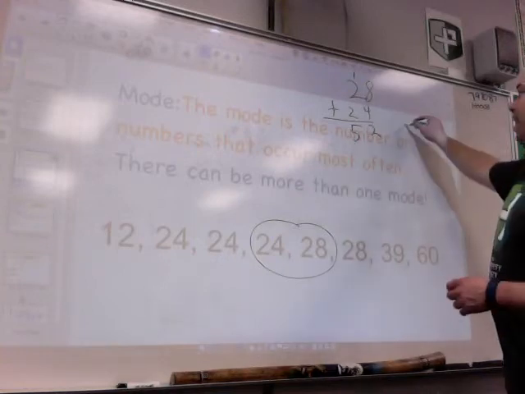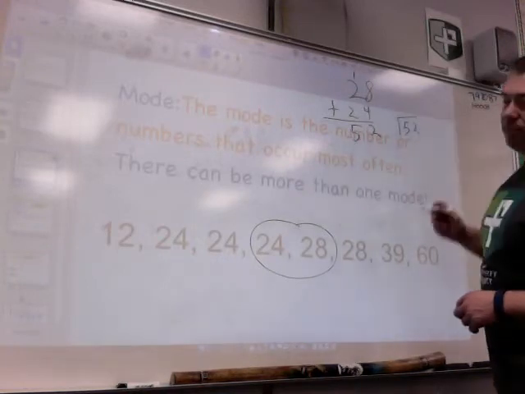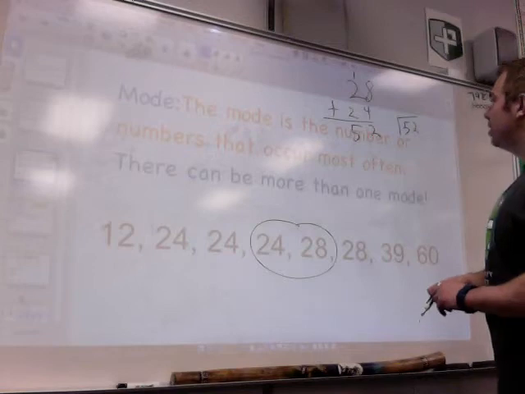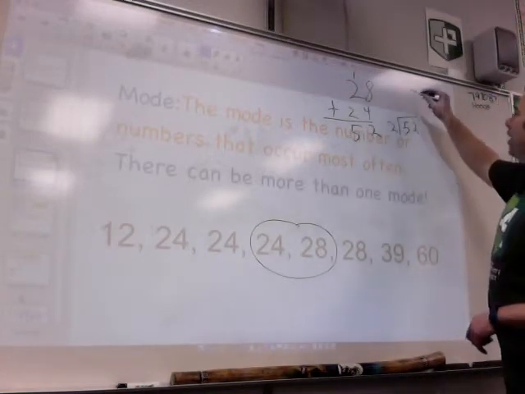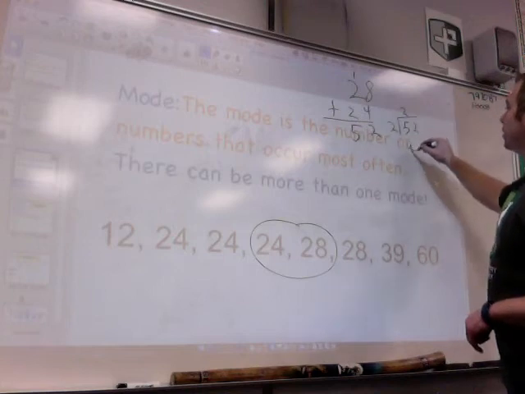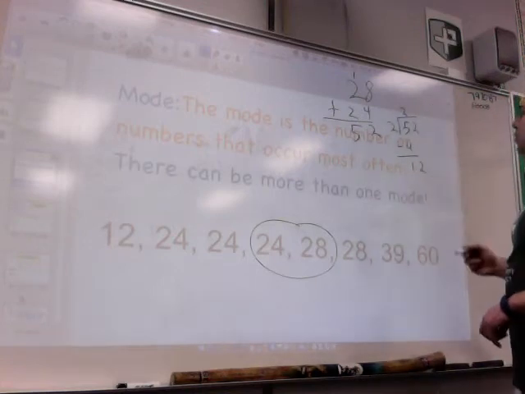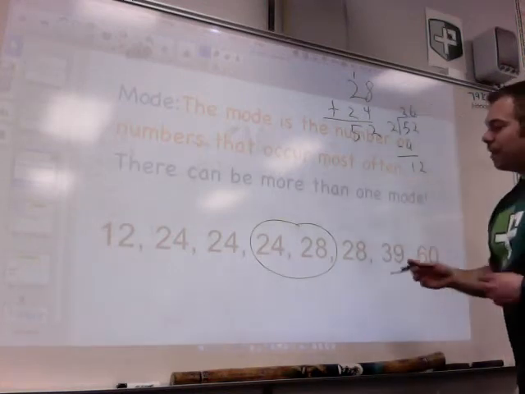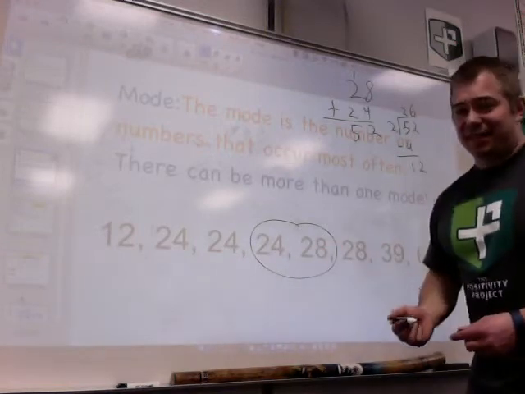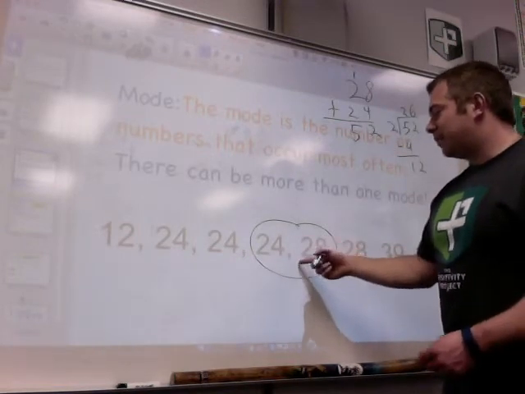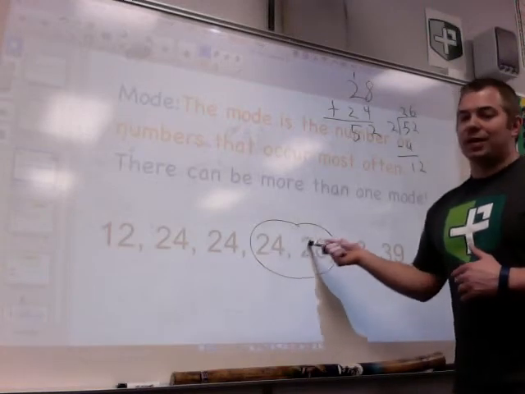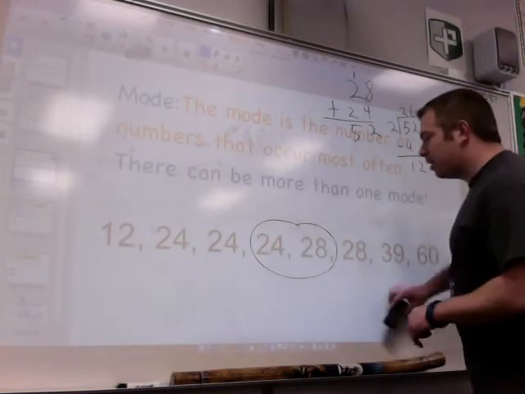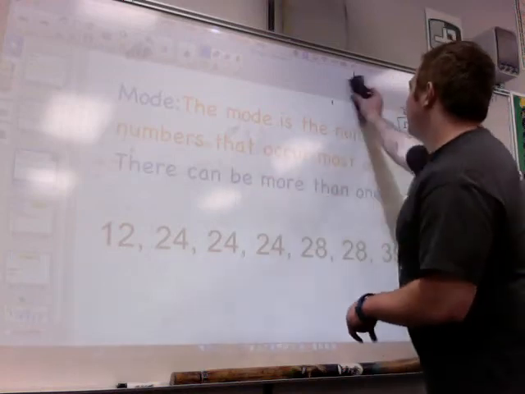Then you divide that by 2 because the mean is always divided by the numbers you've added. I added 2 numbers, and 2 goes into 5 twice, and 2 goes into 12 6 times. So I could have really seen that, the average of those 2 numbers. My median is 26 in this situation, and my mode was 24.